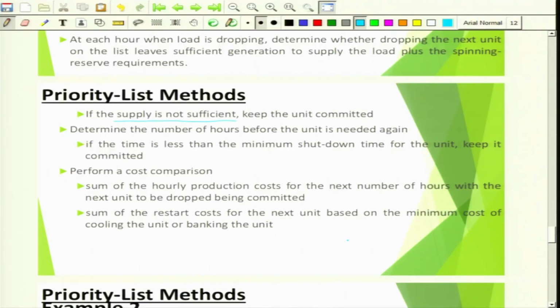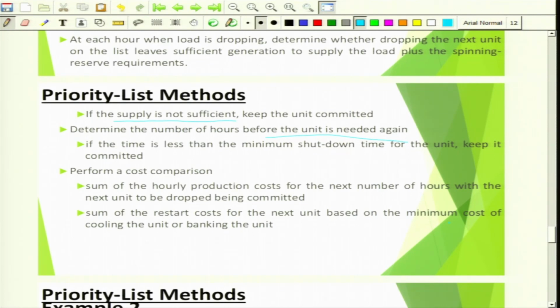Now determine the number of hours before the unit is needed again. If the time is less than the minimum shutdown time for the unit, keep it committed, even though you are allowed to turn it off. You see how much is the minimum time required to bring it on.